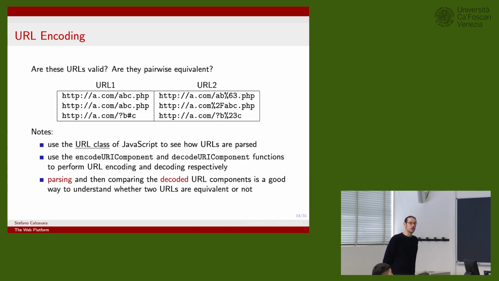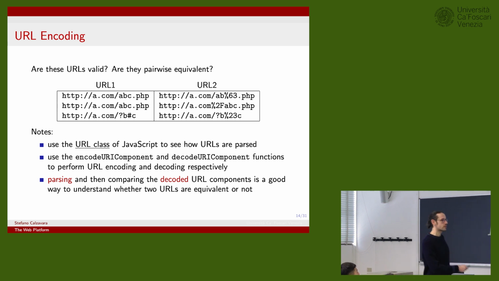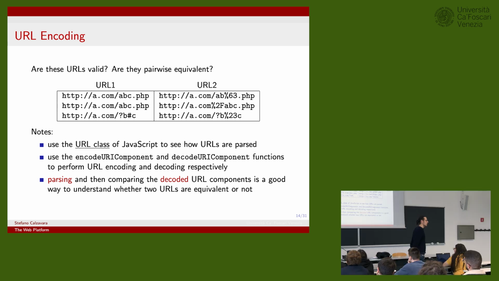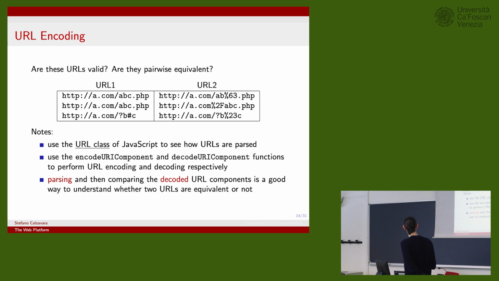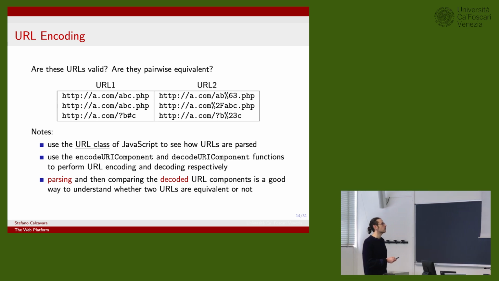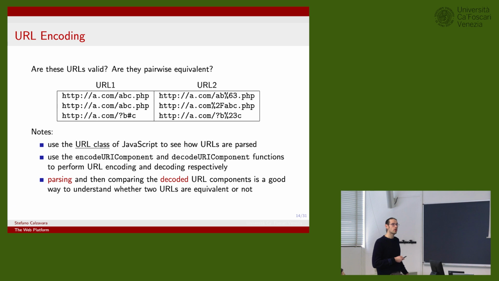Let's see some examples. In this table, I propose to you pairs of URLs. The question is whether the URLs presented in this slide are valid. URLs can be invalid if they do not comply with the URL syntax. And whether they're pairwise equivalent, so if the two URLs in the same row are equivalent to each other.